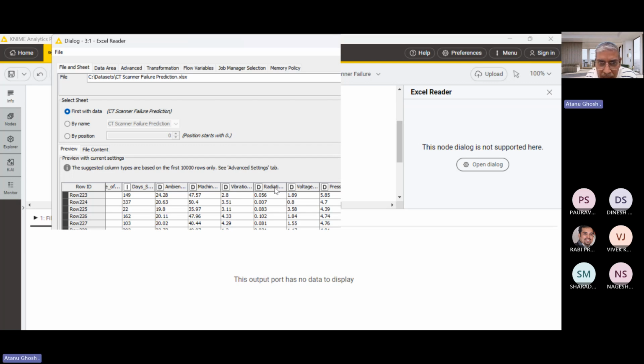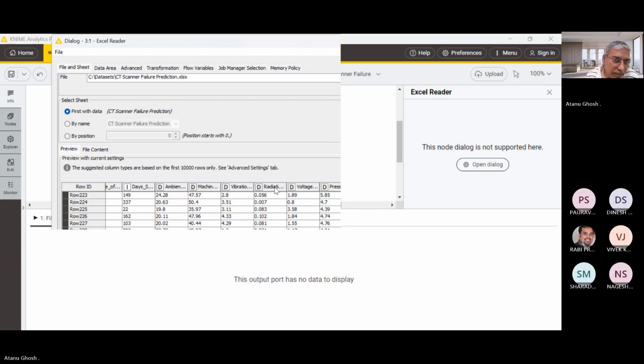I know the exact condition when the machine is going to fail based on radiation leakage. What impact will it have in collecting the data about radiation leakage and putting radiation leakage as a feature in building the model?